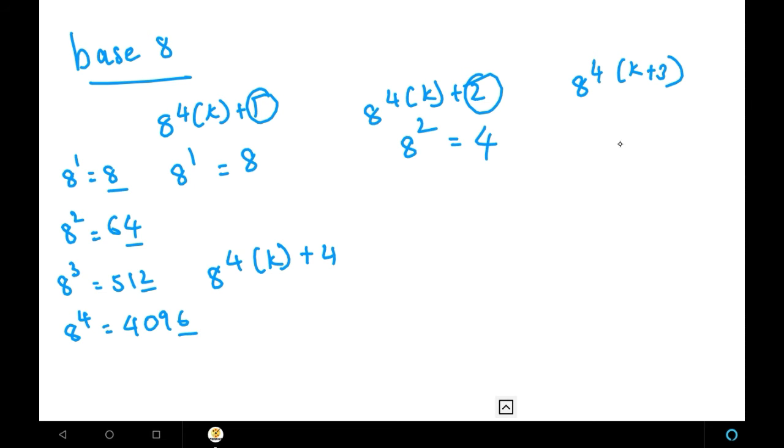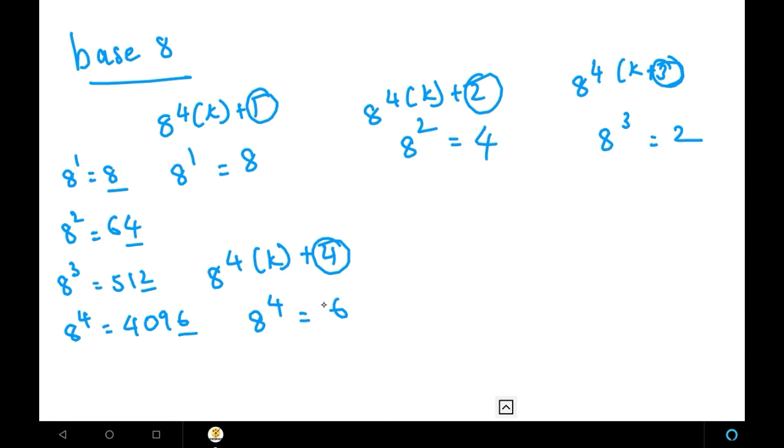Here 8 power 4 into k plus 3. If it is 3, then it will be 8 power 3. Then the units place will be 2, because we are only considering the units place, so it will be 2 only. The whole 512 will not come. If the remainder is 4, then it will be 8 power 4.